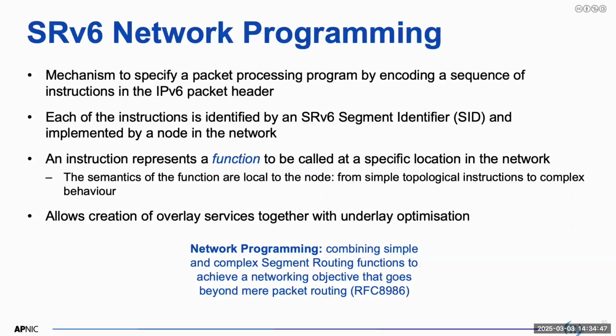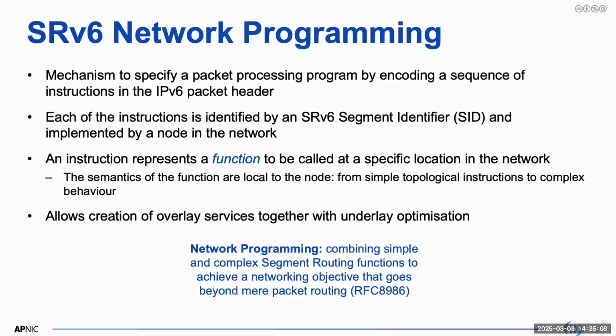So let's see, the next is SRv6 network programming. SRv6 network programming is actually a mechanism to specify the process that the IPv6 header needs to take when it reaches the ultimate destination.